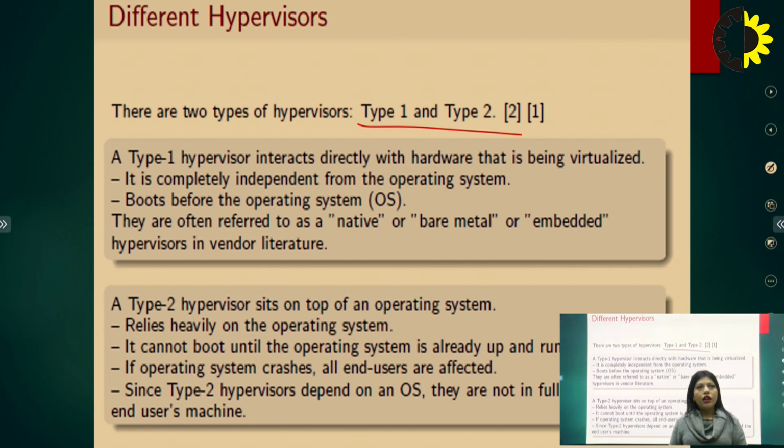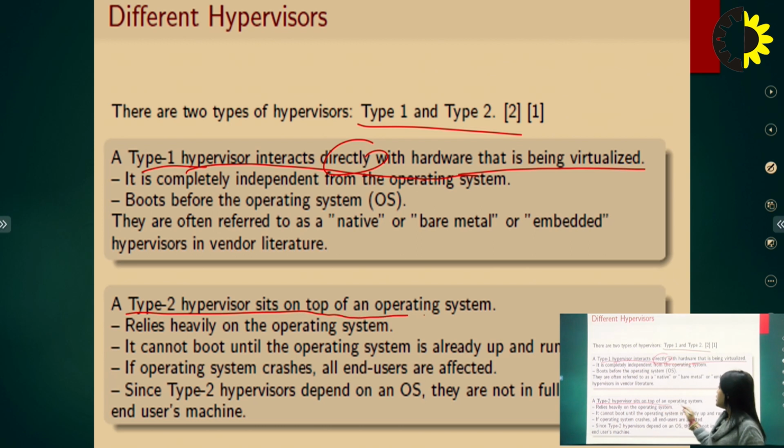Type 1 hypervisor interacts directly with the hardware that is being virtualized, but a type 2 hypervisor sits on top of the operating system.